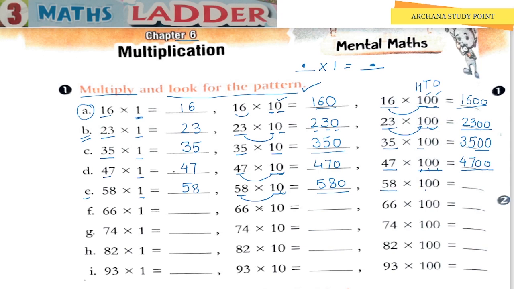Now 58 multiplied by 100: 58 multiplied by 1 will give me what? It will give me 58 and I'll put 2 zeros towards the end for ones place and tens place, which will make it 5800. Now part F says 66 multiply by 1.